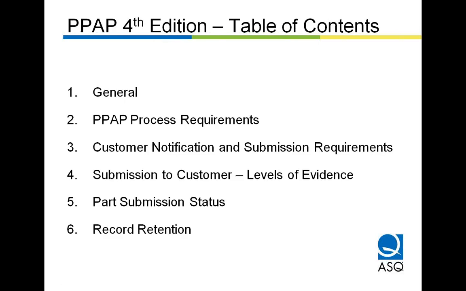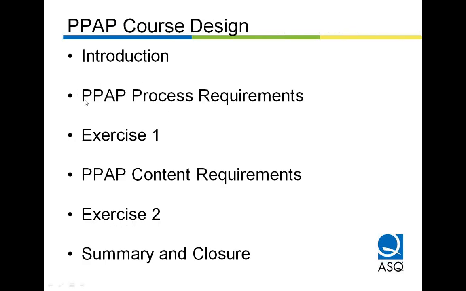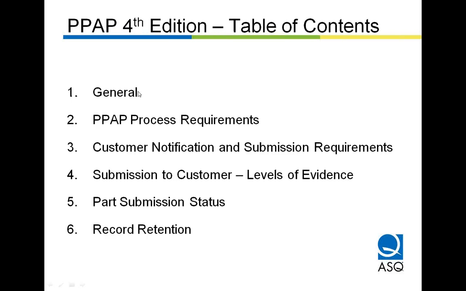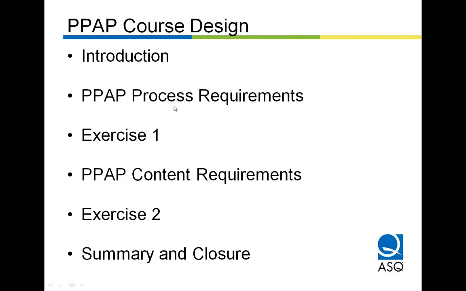This is the table of contents from the PPAP 4th edition, which is the current edition of the PPAP manual. And what I've done is presented, after an introduction, this is a course outline. The PPAP process requirements, that would be the requirements in Chapter 1, in the first half of Chapter 2, all of Chapter 3, 4, 5, and 6 go into the PPAP process requirements.